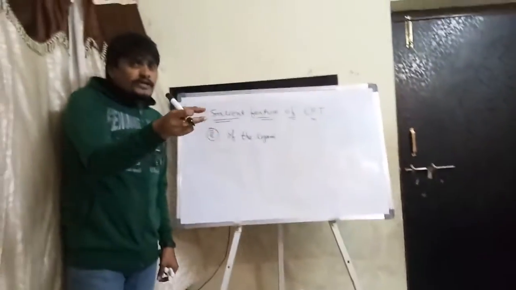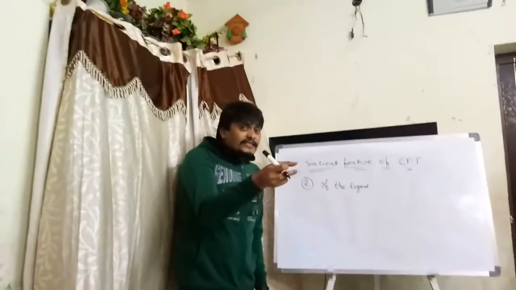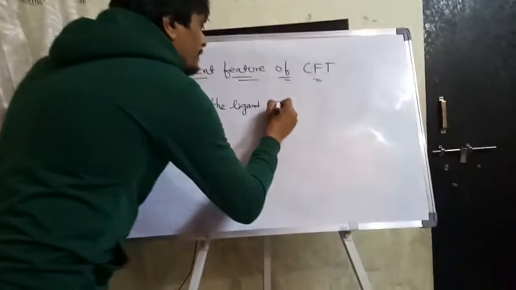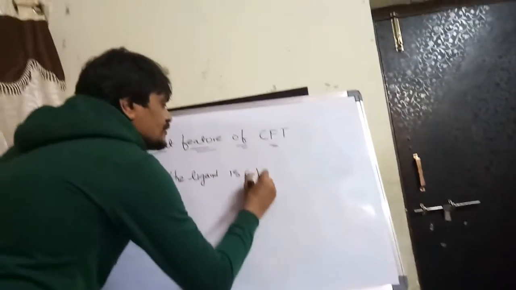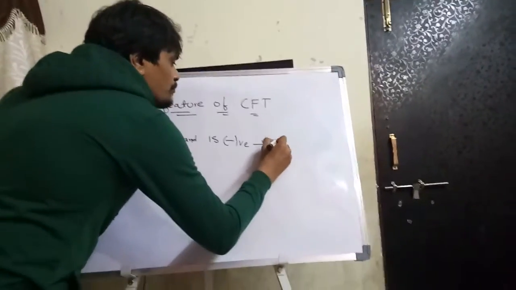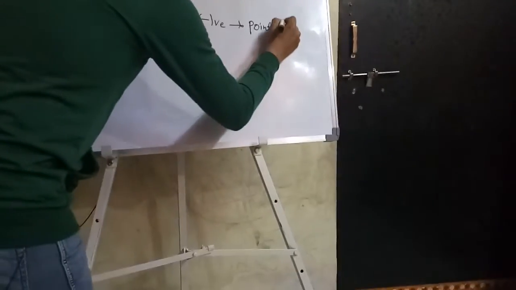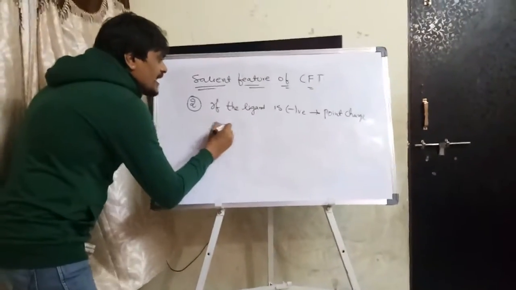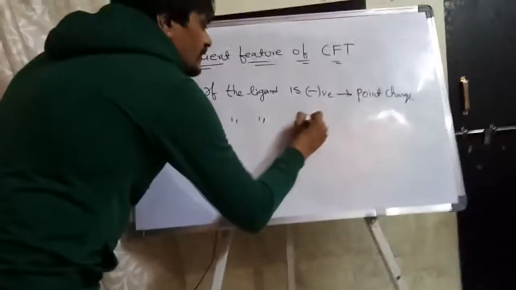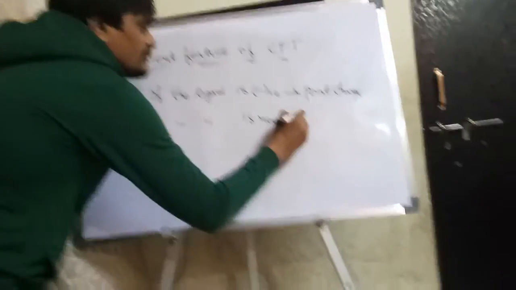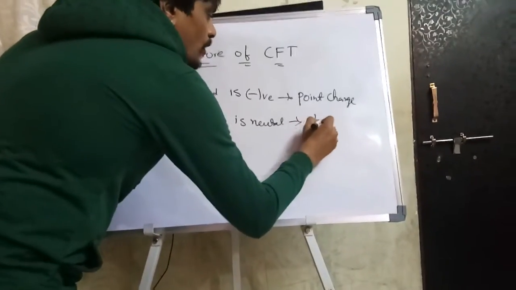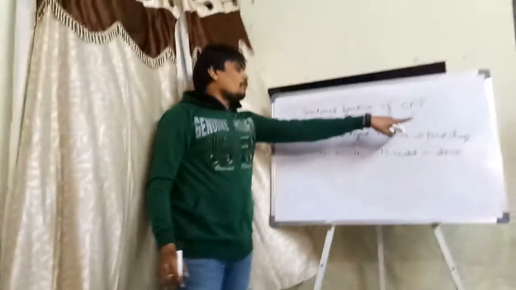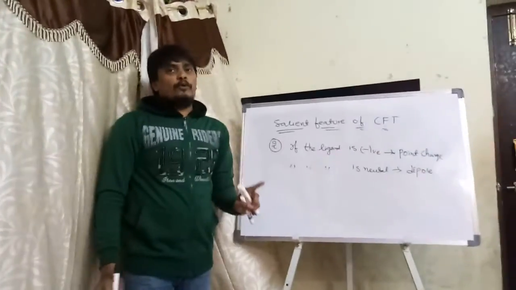So if the ligand is negative, then the ligand is called a point charge. On the other hand, if the ligand is neutral, then the ligand is called a dipole. If the ligand is negative, point charge. If the ligand is neutral, dipole.